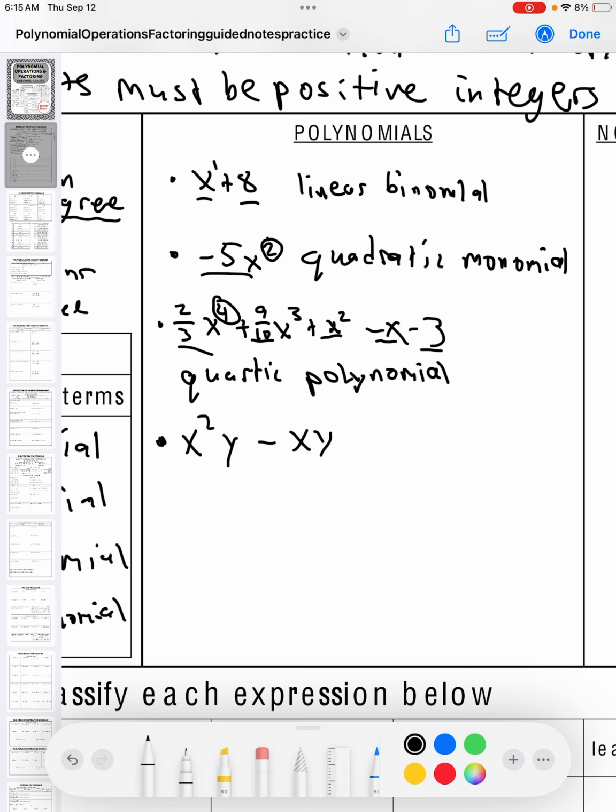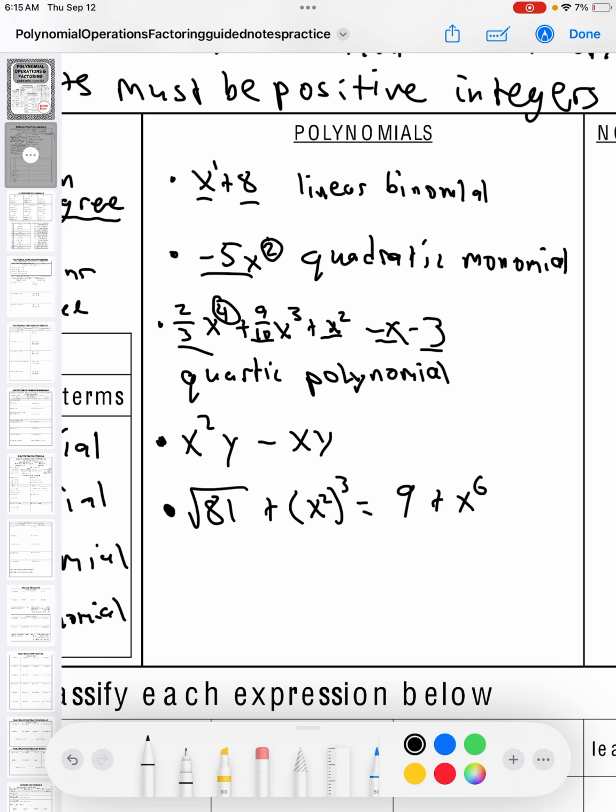We can even have things that are left to be calculated. So, for example, the square root of 81 plus x squared to the power of 3 is still a polynomial, even though it looks a little funky, because the square root of 81 is 9, and x squared to the power of 3 is x to the 6th.